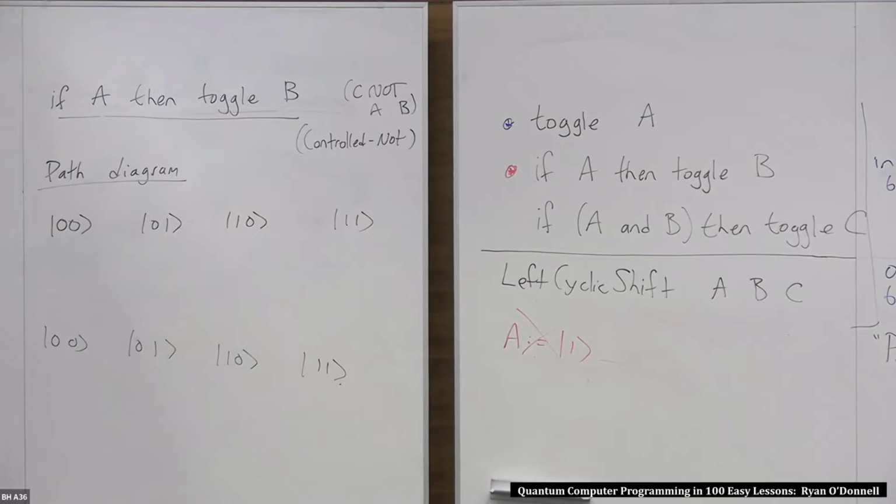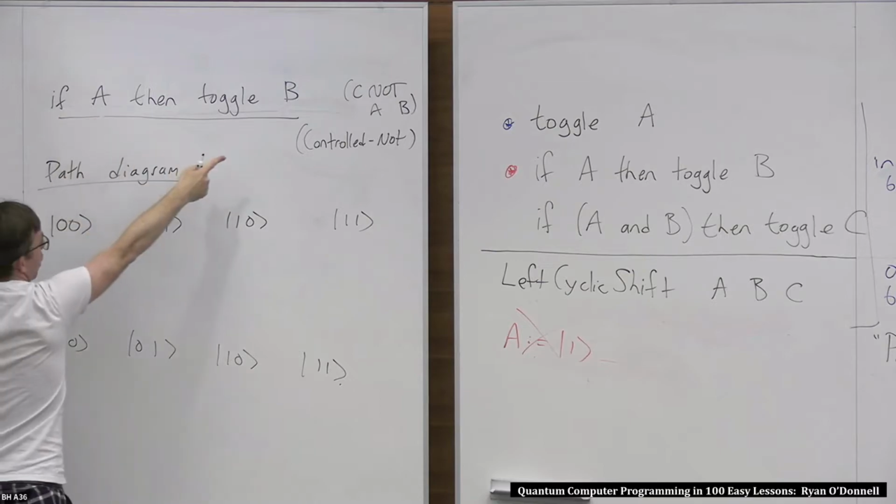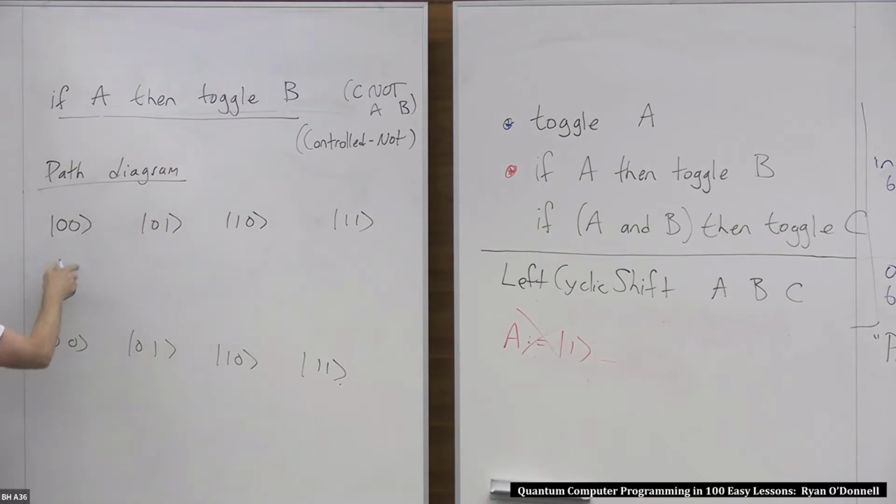And I'm going to use the shorthand where we don't draw amplitudes of 0 and we don't write amplitudes of 1. So let's look at 0, 0. If A and B are 0 and 0, then A is false, so you don't toggle B, so they stay 0 and 0. Okay, so we draw this arrow.